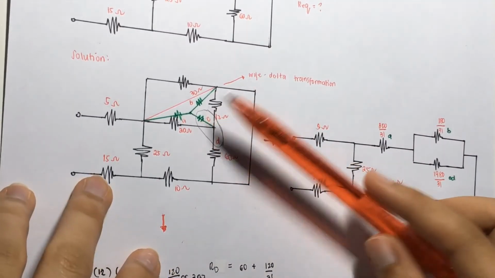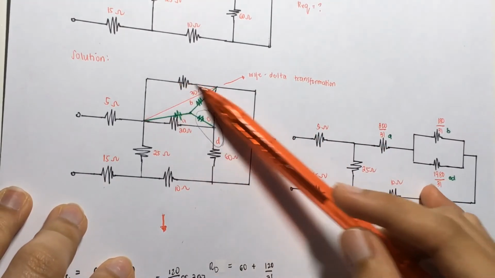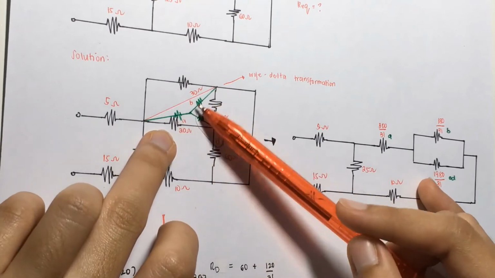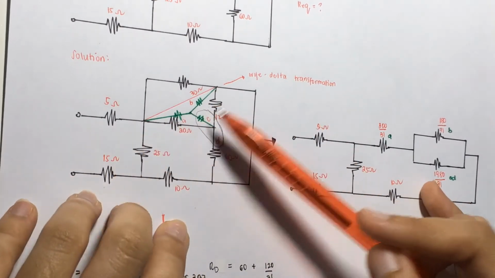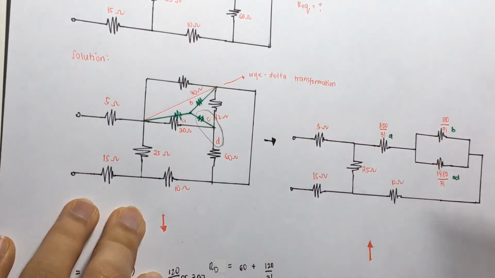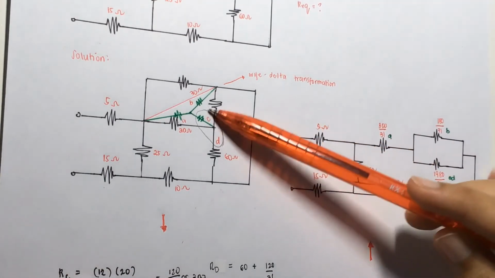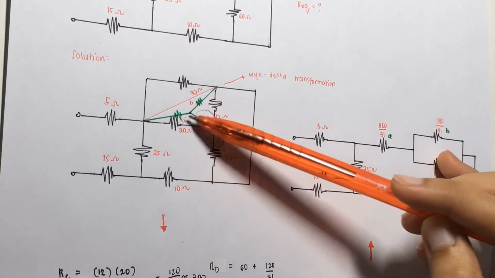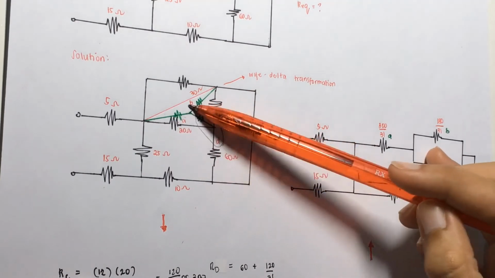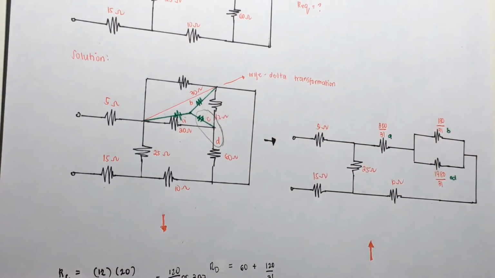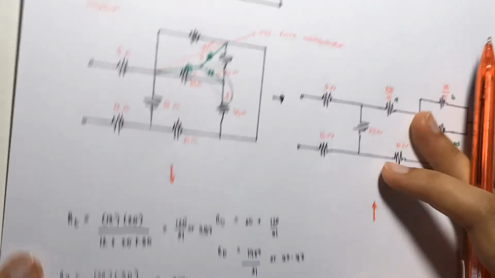So we will cut this part into diagonal before we transform it into a Y delta. And now, since we already transformed it, we put Y labeled A, B, C, which is 20 ohms, 12 ohms, and the 30 ohms. So we can calculate the resistance of each resistor.